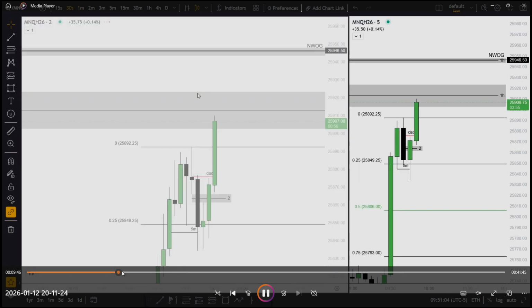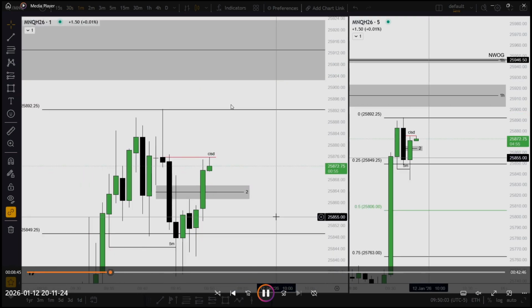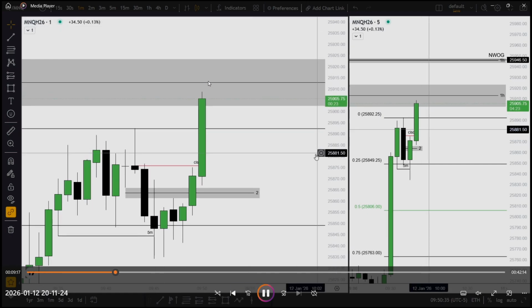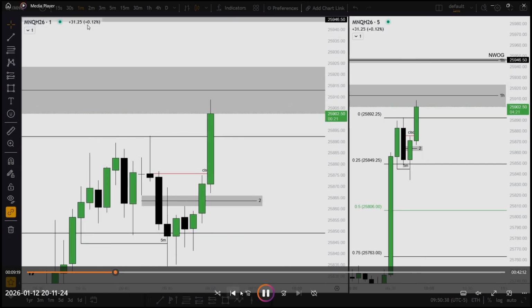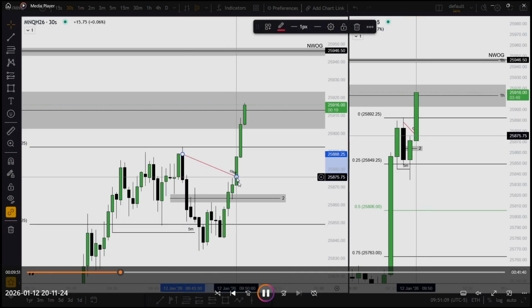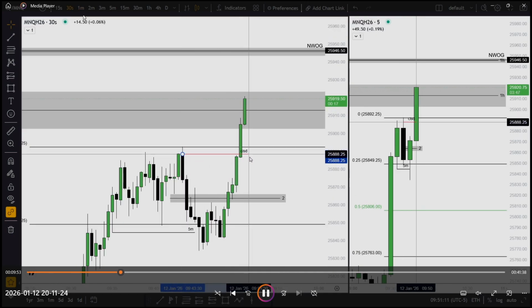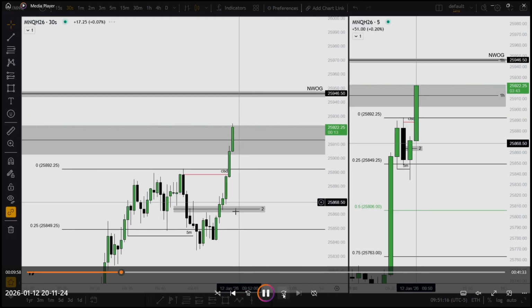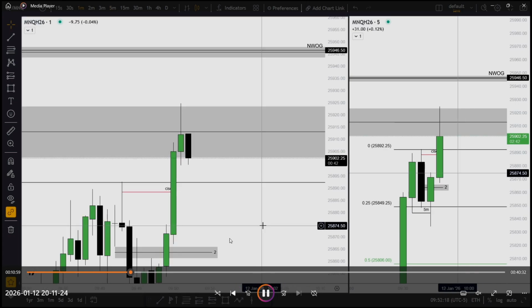Here I thought I had missed my chance after we got a very deep displacement, and I was waiting for the market to give us a little bit of a pullback, then I could enter. So I went on to the 30-second time frame and considered this as my change in state, and I entered around here. I was waiting for a nice pullback to at least come to this level.